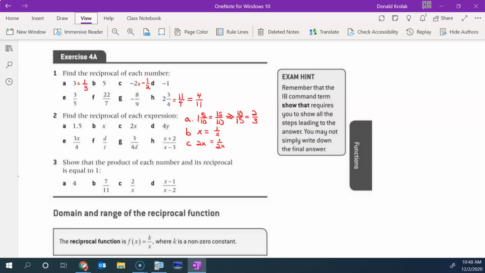The reciprocal of 3/4d, 4d/3. Okay, the reciprocal of h. So you're not doing anything different. You're just swapping the numerator and the denominator.